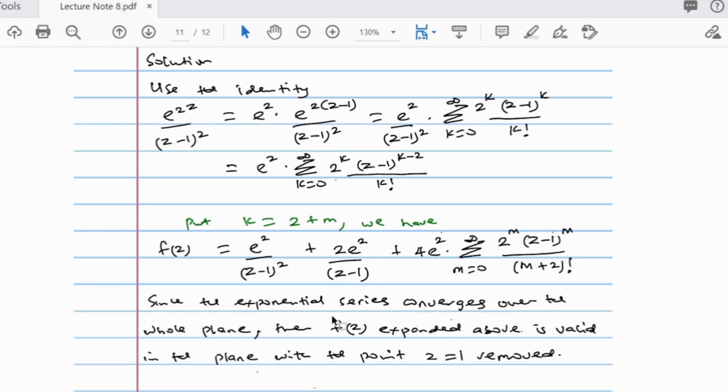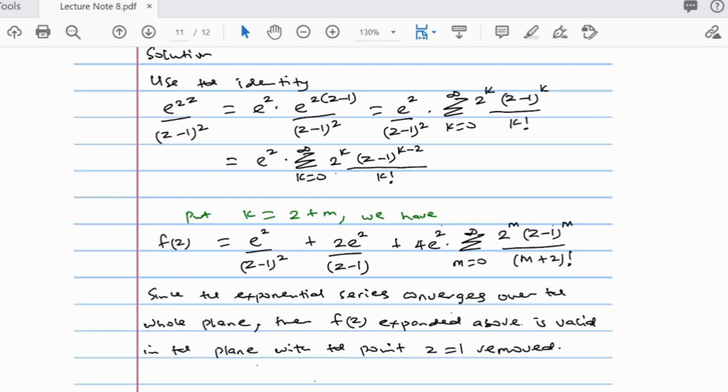A case in which k is equal to 1, you have this. If you put k equals 2 plus m, then you have this. This and this are negative powers of z minus 1, while this is the positive powers. So this is the power series part, and this is the negative powers part. So this is the Laurent series expansion of f of z.